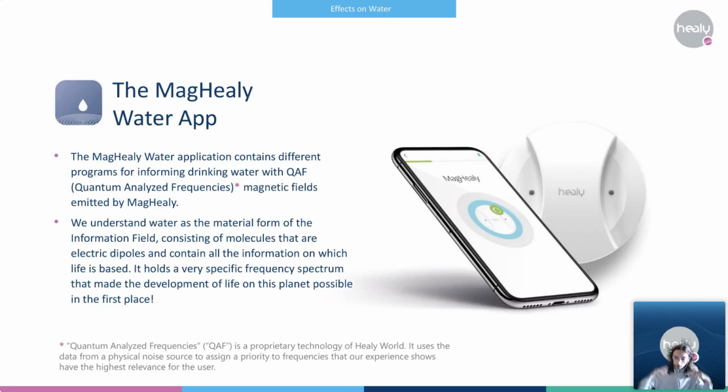So all the information you have there, you can also store in your water, and it's consisting of those dipoles that we already had, and all the information on which life actually is based. As we all know, we have a lot of water on our planet, and life originated in water. So actually, that's where all our life began in some way.